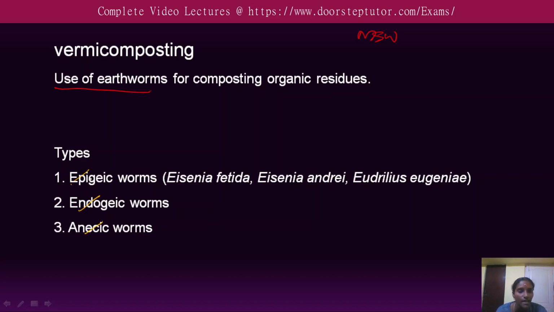First, coming to epigeic. Epigeic worms are also known as surface dwellers, living on the surface of the earth. They usually use decaying plant materials, leaf residues and other organic residues on the soil.